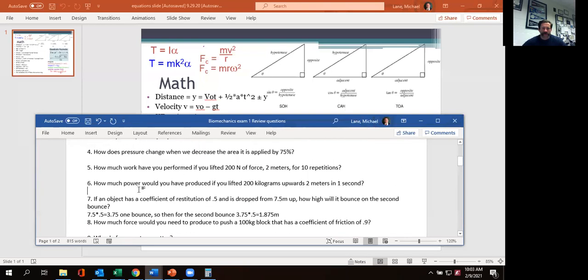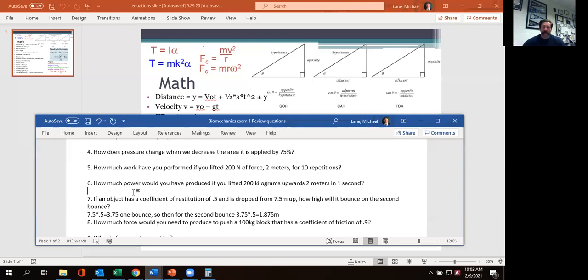Number 6. Okay, so now here's the thing. Notice we have kilograms. We don't have force there. So force equals mass times acceleration. So we've got 200 mass, but we still need to convert that over into the force.